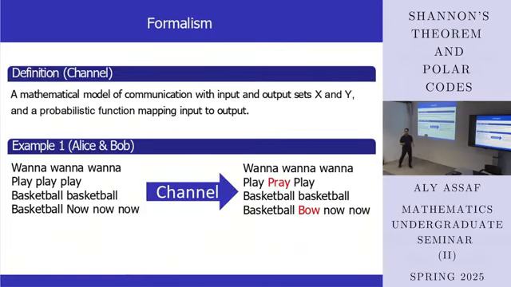A channel is just a mathematical model describing how noise occurs in real life. It's usually a set of inputs and outputs that are also finite, where there's a probabilistic function that maps the input to the output, distorting it in some way that would simulate reality. For example, this is what we did. We added some errors using the channel to our encoded message.